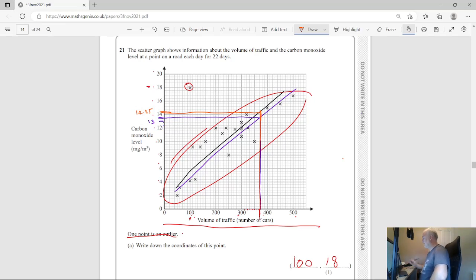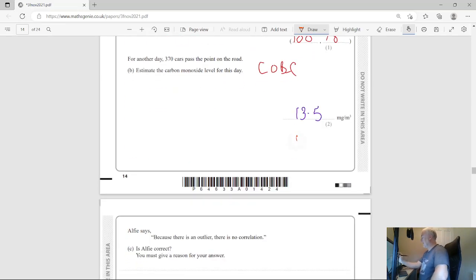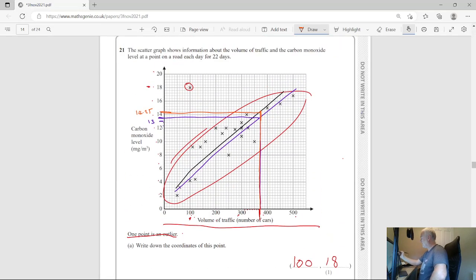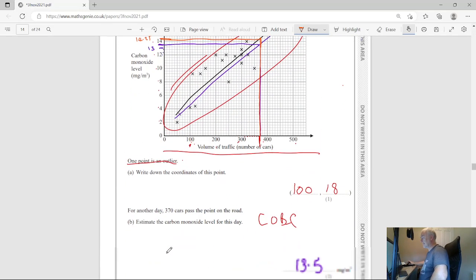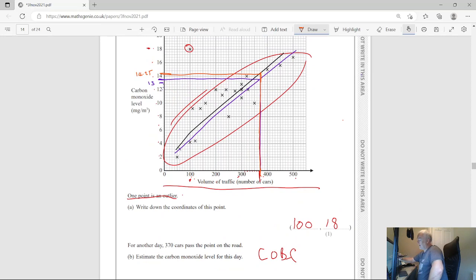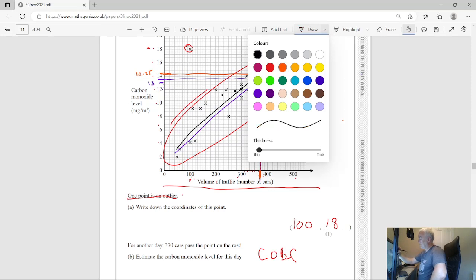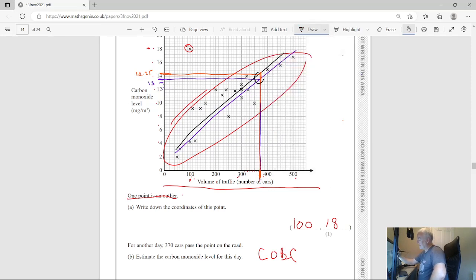Okay, 14.3. So we could say anywhere between those 14.3 and 13.5 would give you the correct answer. And you can see my x-axis is exactly in the same place. The difference that I'm looking at is the difference in this value here between those two lines of best fit.